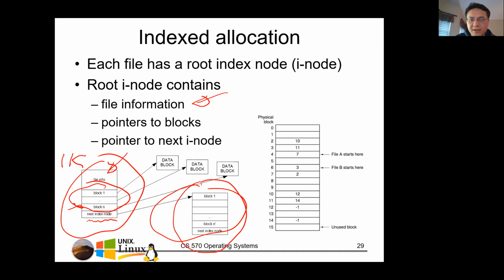Into a hierarchical structure. As compared to this file allocation scheme, you have the inode structure, a hierarchical structure. Again, this is a tree data structure.